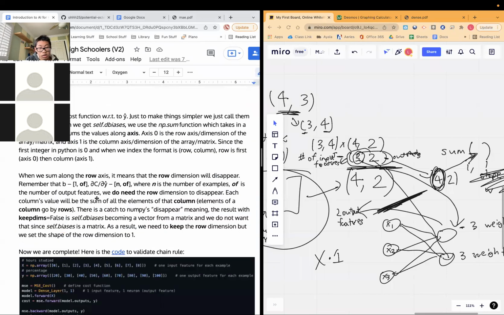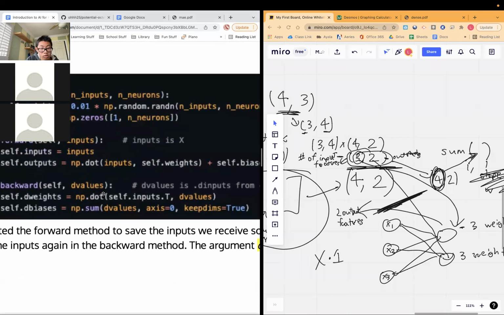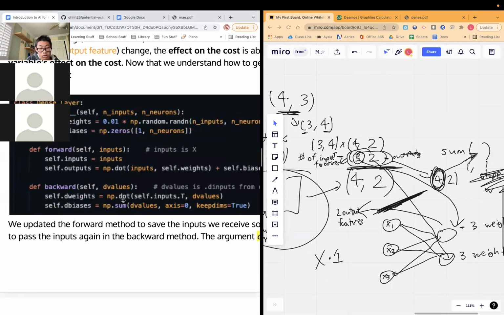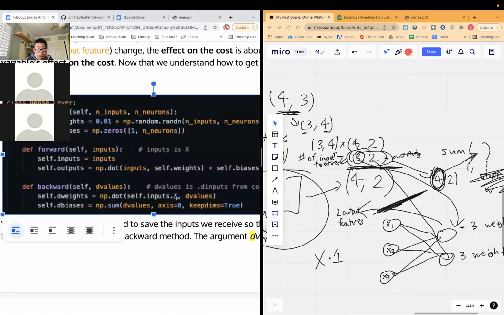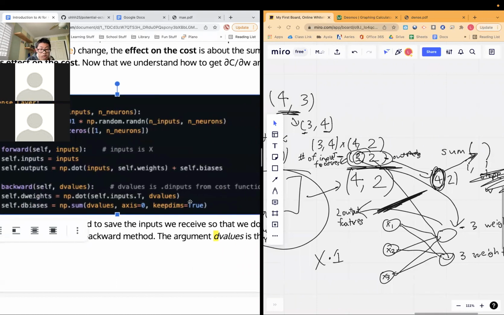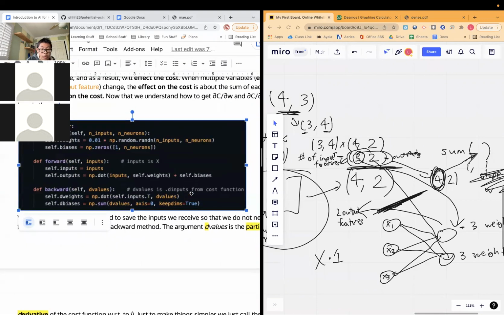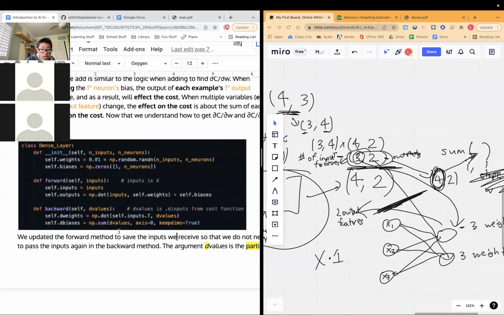So if you look at the slope over here, you just take the dot product over here again, like we talked about. You take the transpose of x, and then d values is the input values from the cost function, okay? And then the bias values, you just sum them up along axis 0.